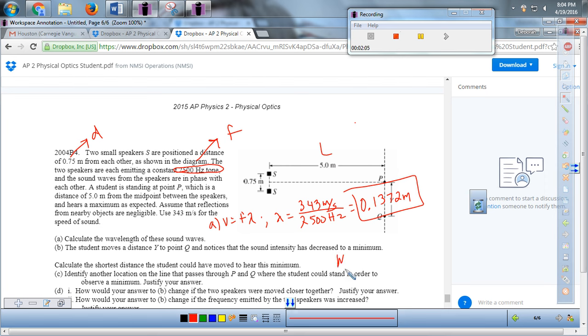So I had m lambda equals d sine theta. So m would be a half, because that's my first minimum. My wavelength is 0.1372.